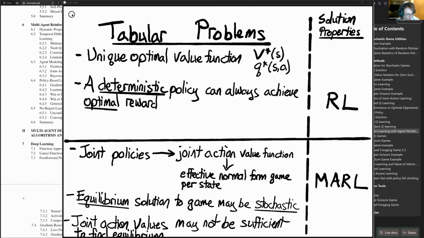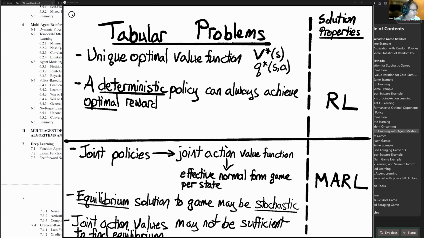And we can always write down a deterministic policy that achieves this optimal reward or has this value function. There may be many different deterministic policies that all have the equivalent value function, but any one of them is sufficient.